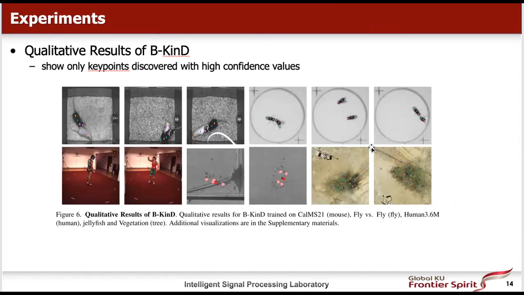Right, but I guess what I'm saying is multiple objects of different classes. Can you have different key points for different objects, different classes of objects? For example, one is a fly, and one would be a mouse. In my opinion, I don't think it can generalize to different classes.